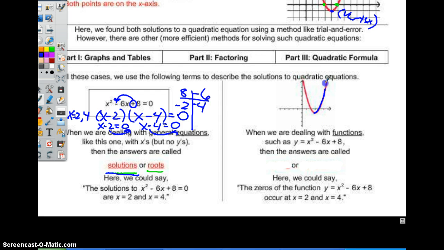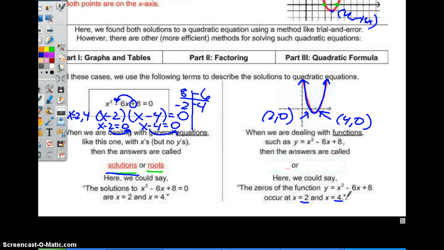And so when I have the graph, it's actually very easy to figure out. Remember, all I'm going to do is look at where the graph crosses the x-axis. Well, it crosses here at 2, 0. And it crosses here at 4, 0. So that, again, will make our solutions 2 and 4.